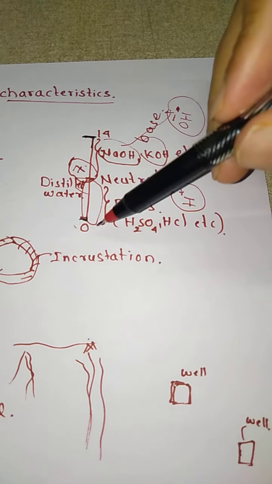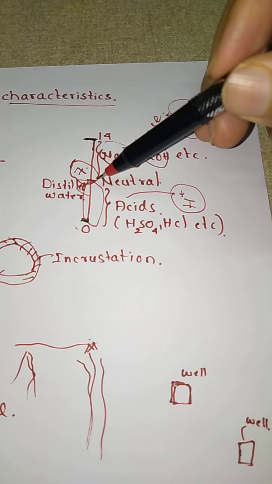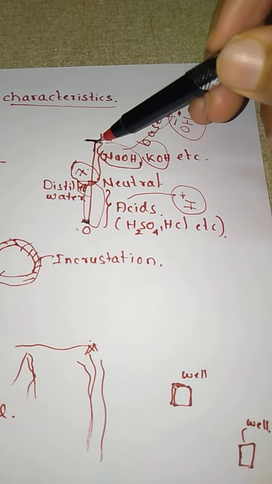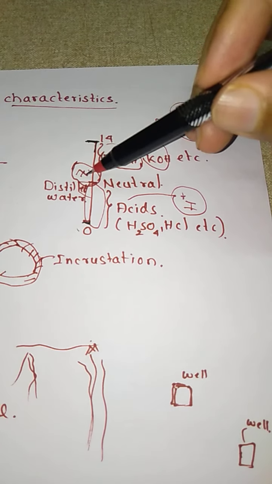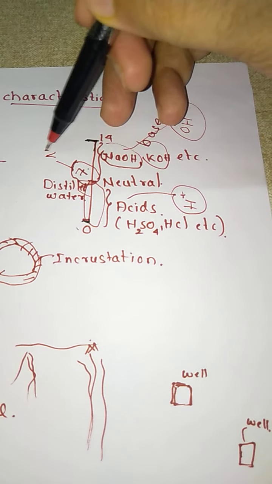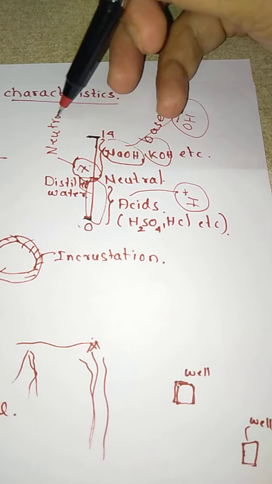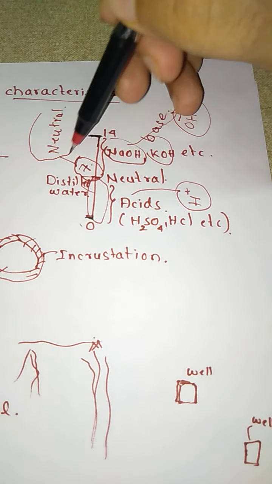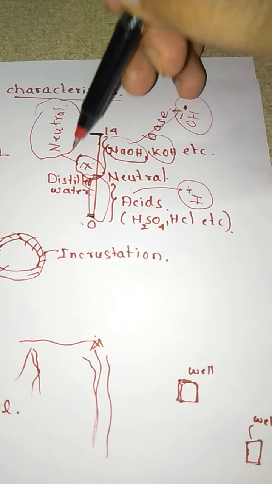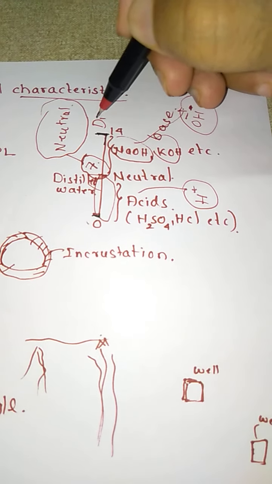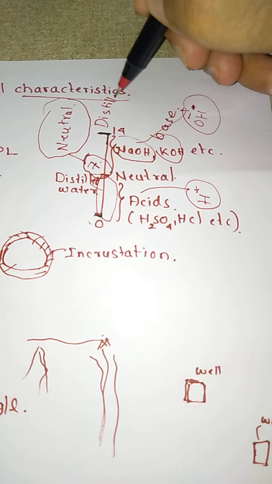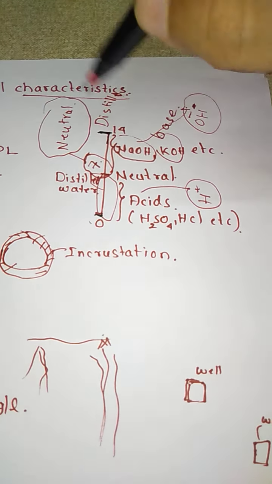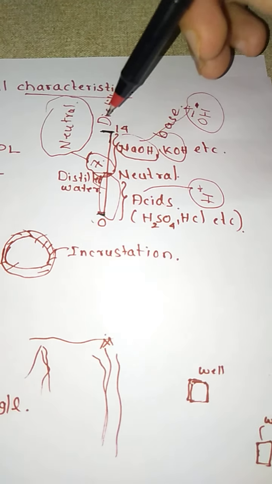So 0 to 7 is for acids, from 7 to 14 is for bases, and 7 stands for neutral water. The best example for this neutral range is distilled water.